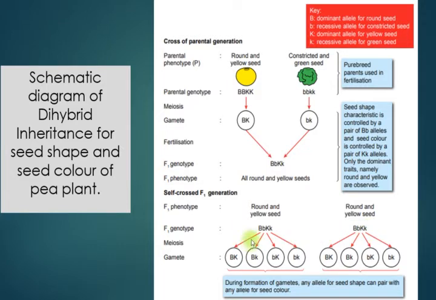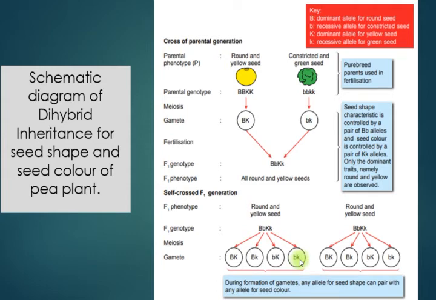And then in the formation of the gamete, what process occurs here? Meiosis occurs here, producing the gametes. So these are the possibilities of the gametes produced. What are the gametes produced? For the first plant: big B, big K; big B, small k; small b, big K; and small b, small k.